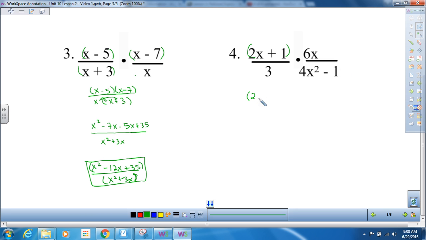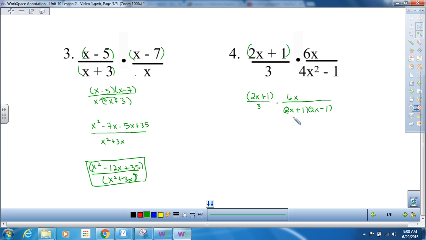Alright, so let me factor. I'm just bringing this left fraction down, and let me factor the denominator of the right. So perfect difference of squares. The square root of 4x squared is 2x. The square root of 1 is 1. So plus 1, minus 1.